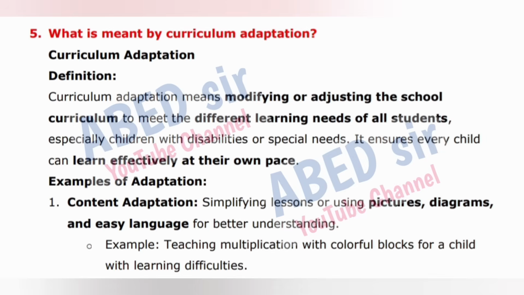It ensures every child can learn effectively at their own pace. Examples of adaptation. 1. Content adaptation, simplifying lessons or using pictures, diagrams, and easy language for better understanding. Example, teaching multiplication with colorful blocks for a child with learning difficulties.